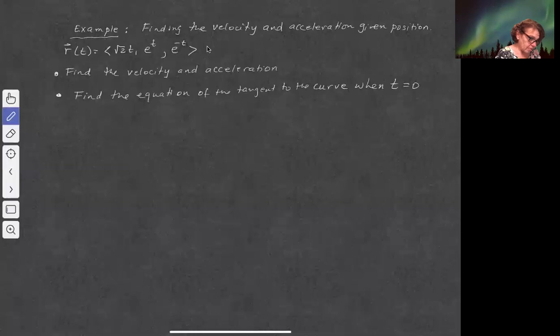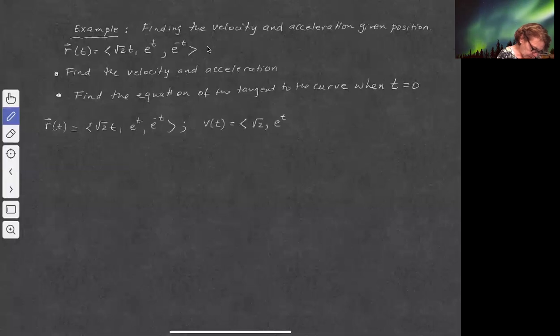So we're going to write r(t) equal to square root of 2t, e to the t, and e to the minus t. So we're going to differentiate it. If we differentiate it, we get the velocity. It's going to be square root of 2, e to the t, and when I differentiate e to the minus t, I get minus e to the minus t.